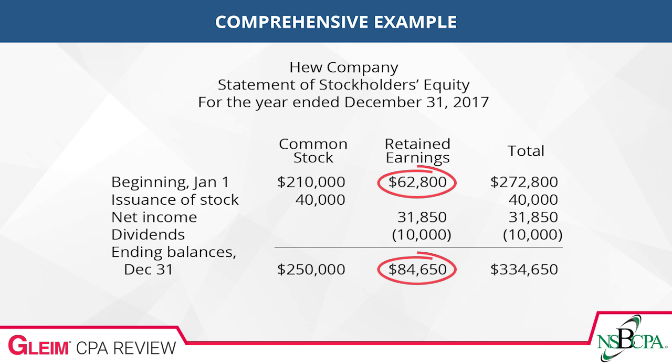So, if you make the mistake of trying to use the $62,800 beginning balance, you will quickly realize that you have made a mistake because your balance sheet won't balance. So, again, I will repeat this since it is so important. The ending balance of retained earnings shown here, $84,650, is the balance for retained earnings reported on the balance sheet at year end.